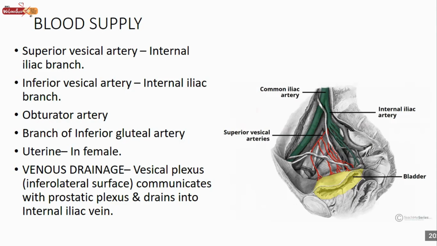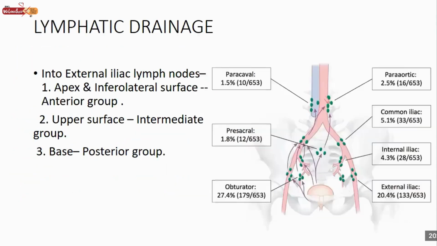In the female, sometimes the uterine artery gives a branch to supply the bladder. The venous drainage is the vesical plexus of veins, as we saw, present near the inferolateral surface. They communicate with the prostatic plexus and then drain into the internal iliac vein.